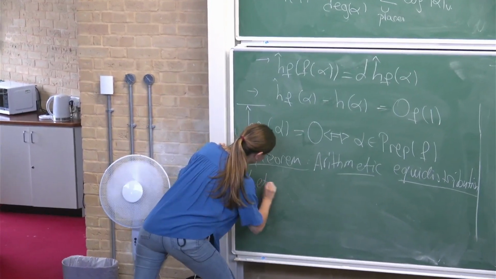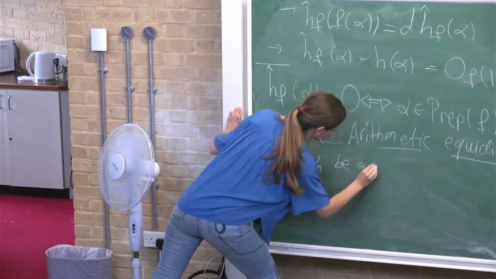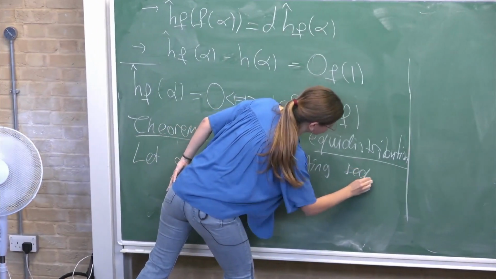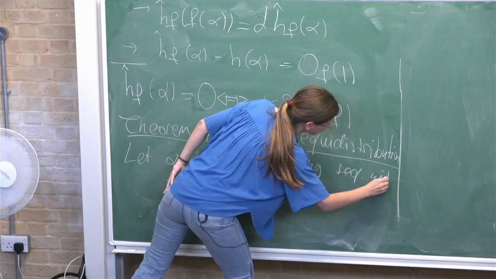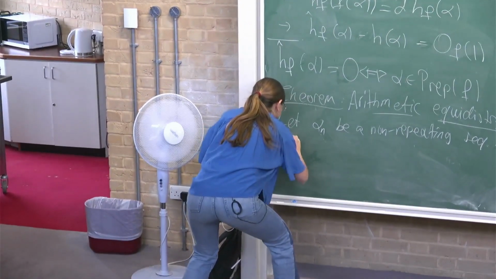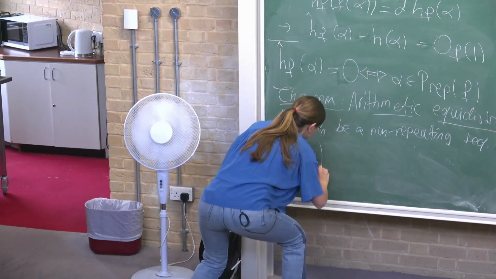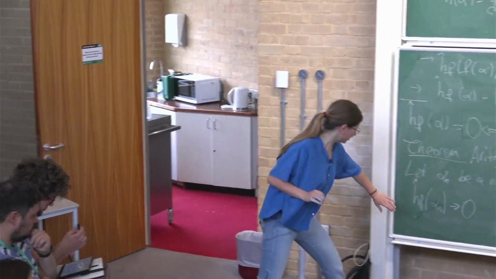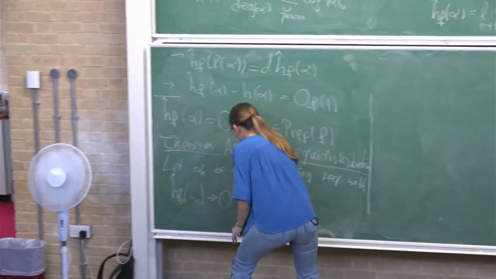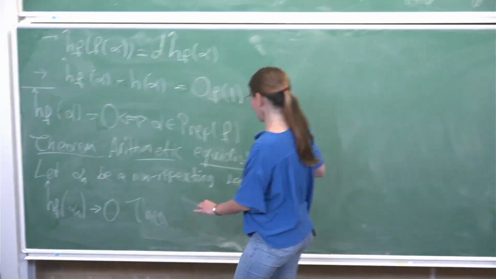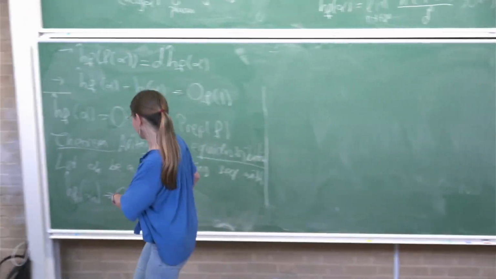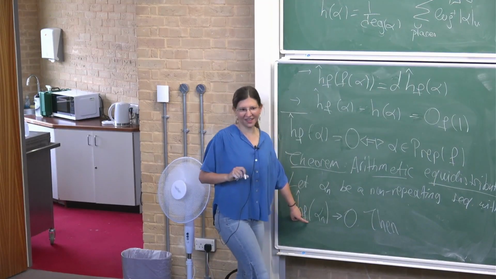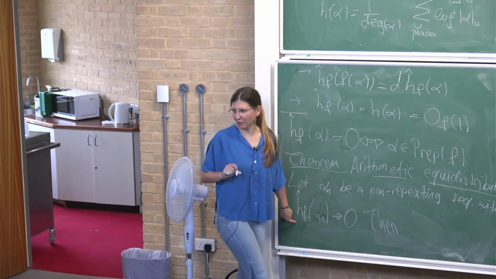So let alpha n be a non-repeating sequence of points with canonical height tending to 0. Then the conclusion is that the discrete measure that is equally supported on their Galois conjugates converges to the f-invariant measure weakly.